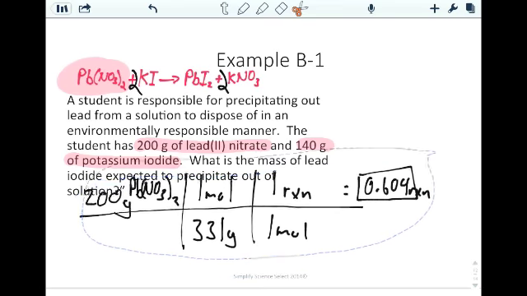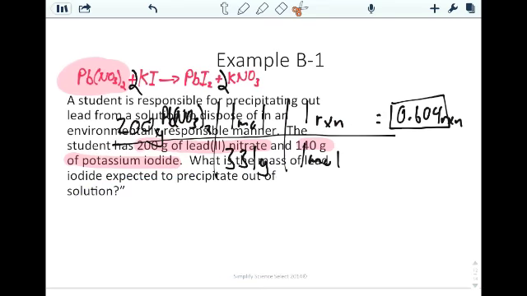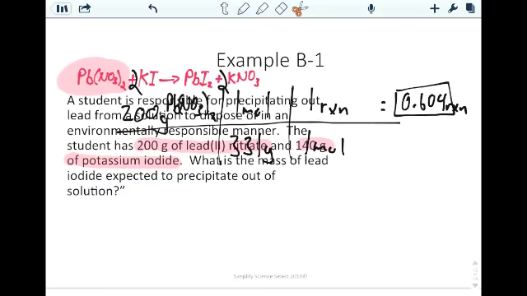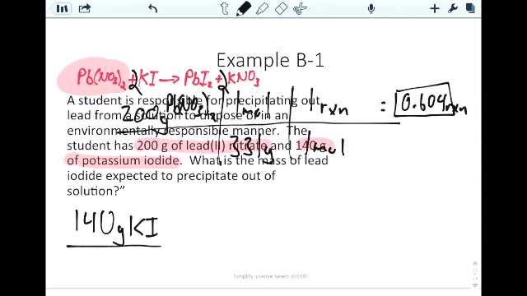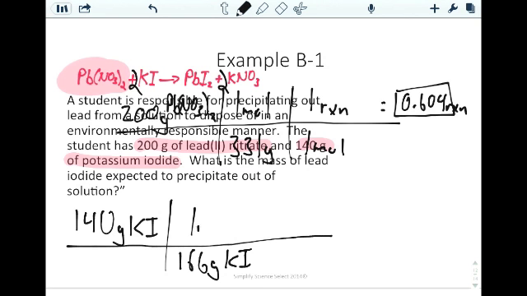Okay, so let's see, we're starting with 140 grams. We'll just move this up here and leave right there. 140 grams of our potassium iodide, and we'll see if this is less, and if so, then it's our limiting. If it's more, then it's our excess. So 140, we need the molar mass of potassium iodide, which is 166 grams of potassium iodide in 1 mole.